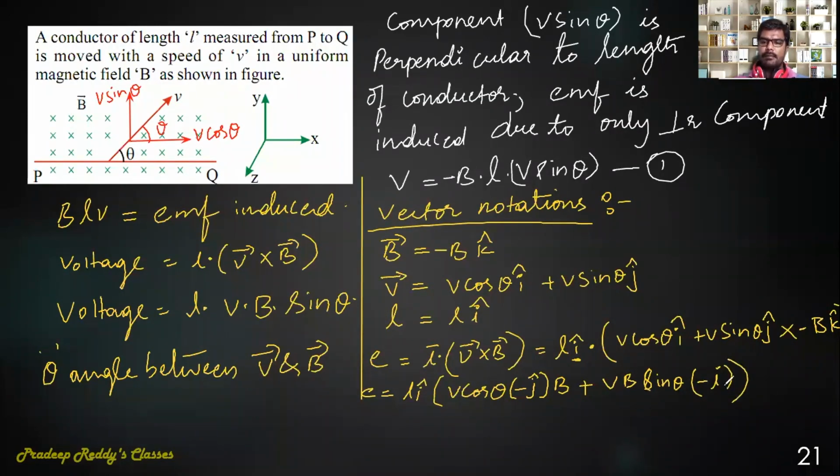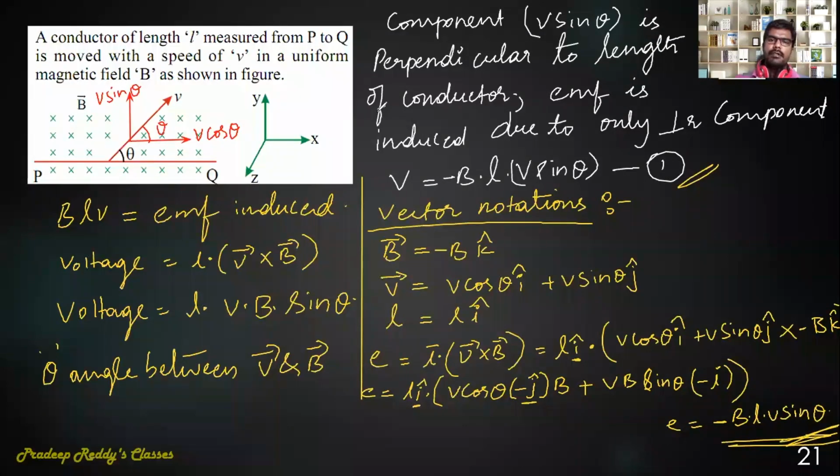That's the reason why I'm taking that minus here. Now I dot J will be 0. I dot I will be equal to 1. Therefore, induced EMF will be equal to minus B L V sin theta. Same answer you will be getting here.